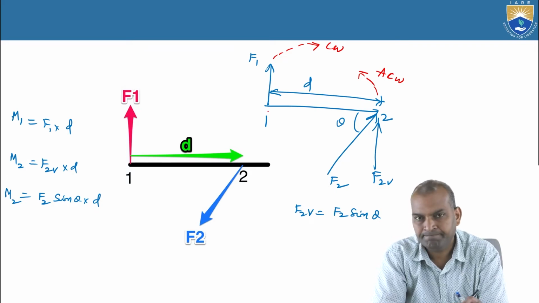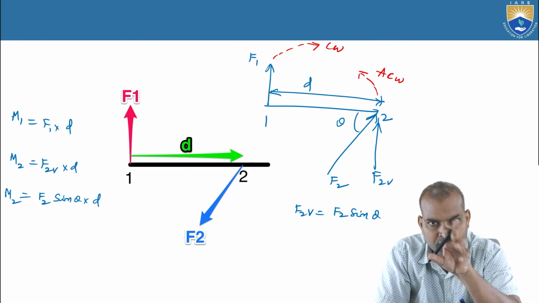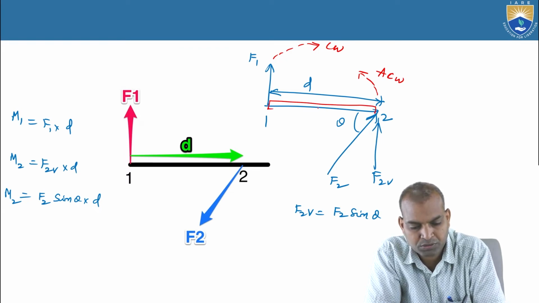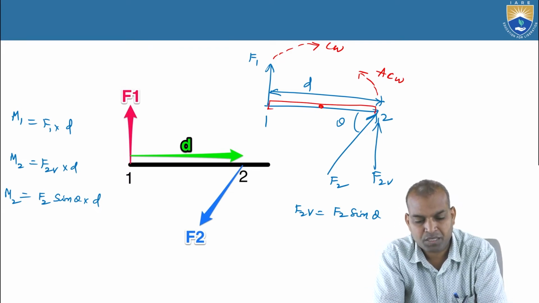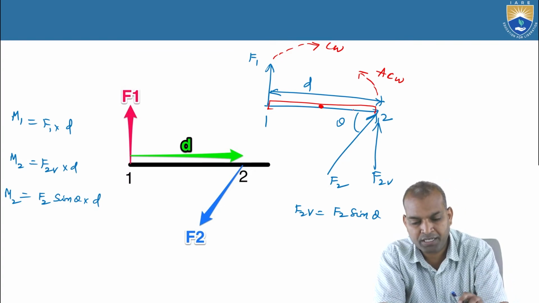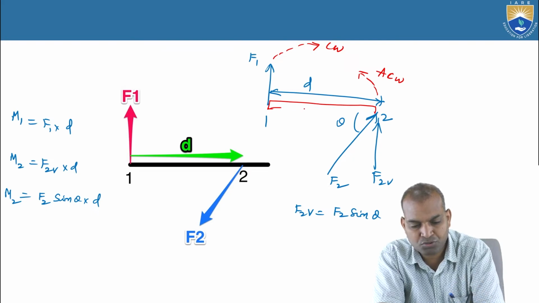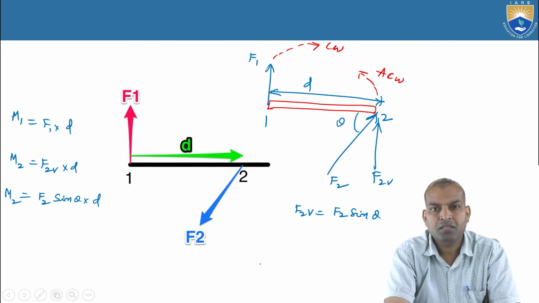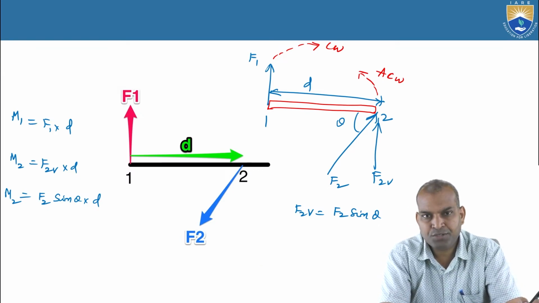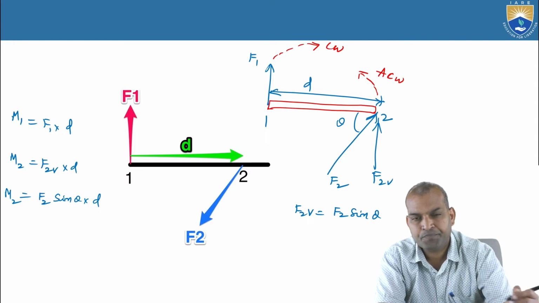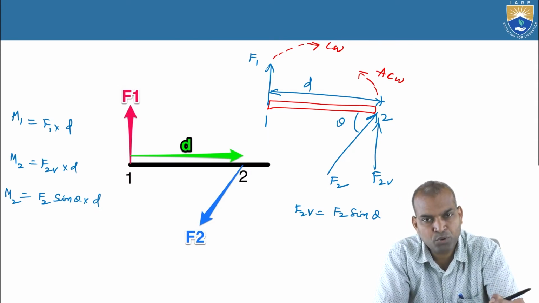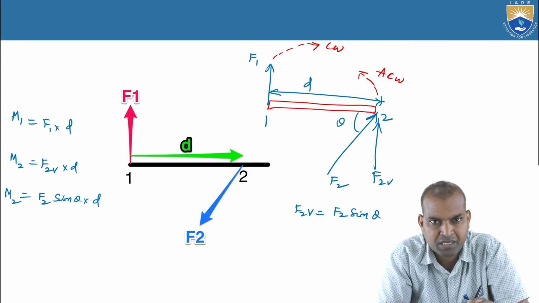So the point is, what is the motion of your body here if you consider 1 to 2? I pivot at this point; you can pivot at this point and that point also. In which direction does it rotate? When F1 into D is acting in one direction, F2V times D is acting in the opposite direction.